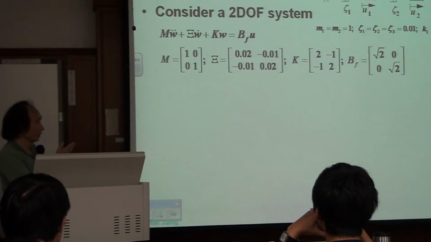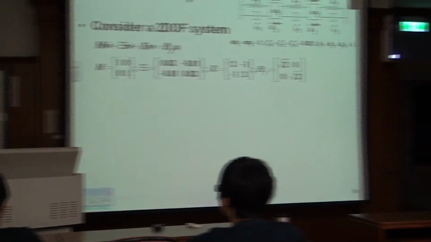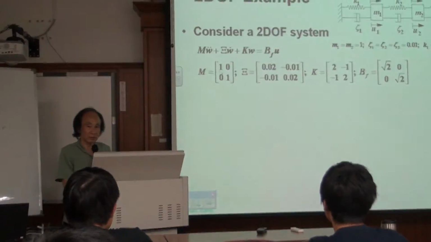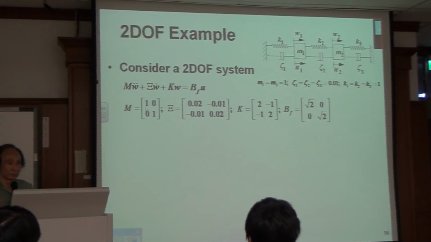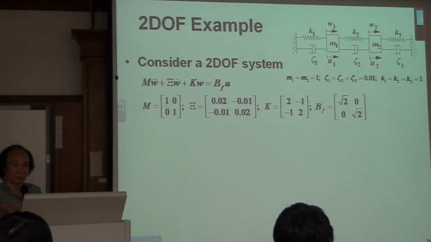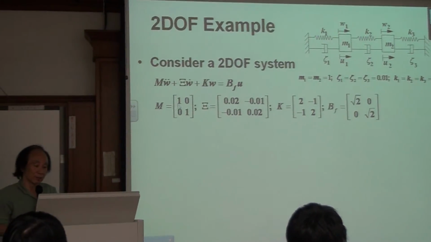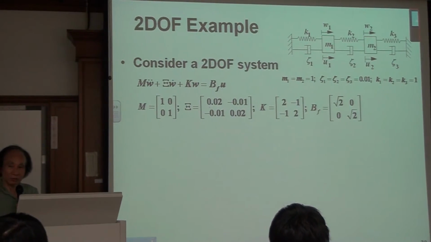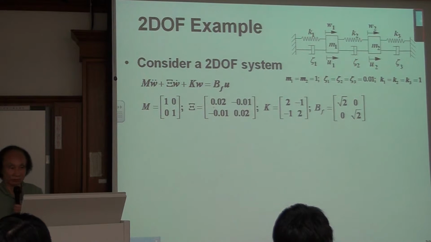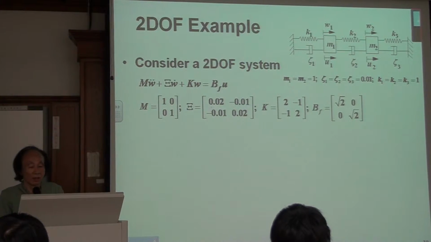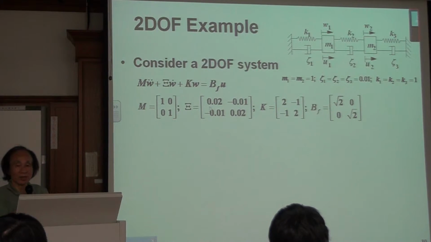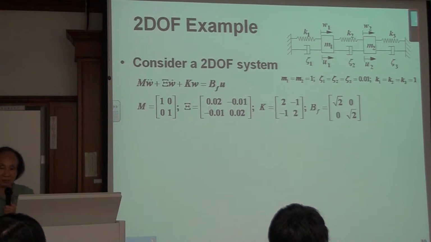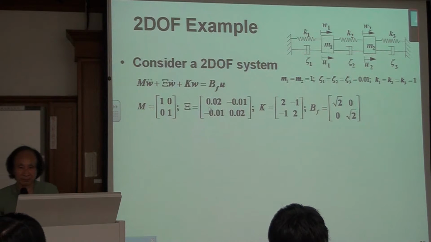You can see that the mass matrix is diagonal for absolute displacement. This is some kind of property. Zeta and K are symmetric matrices, but not diagonal. In your homework, you can write in terms of diagonal matrices because your w is the relative displacement.